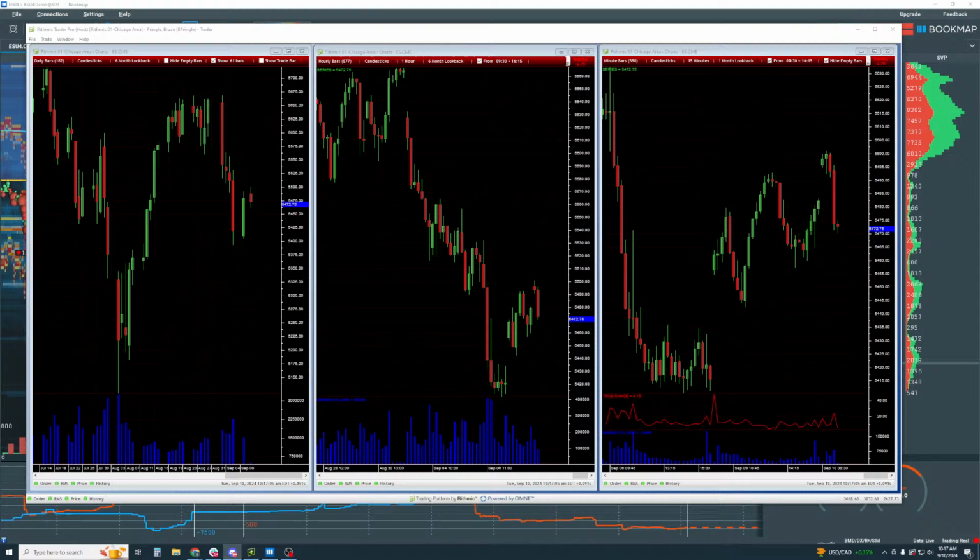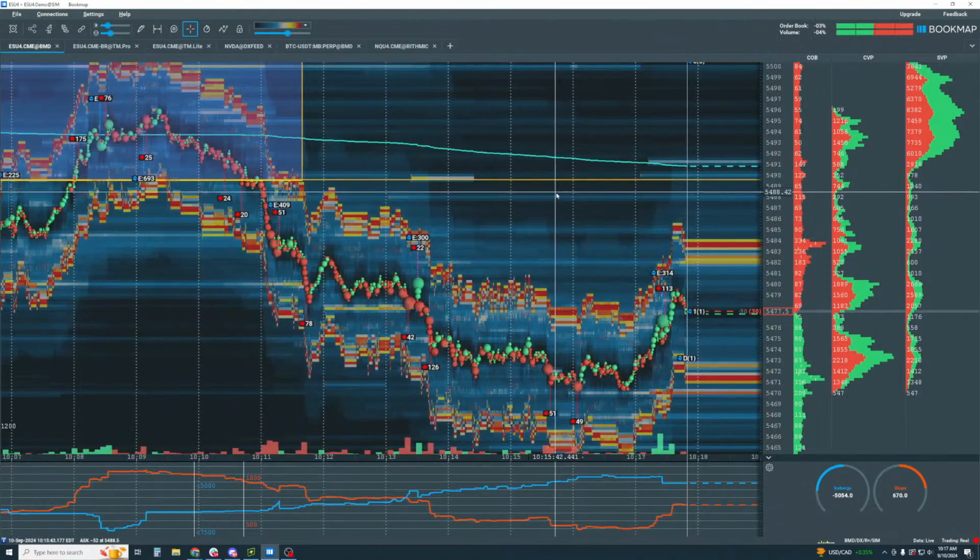The trading simulator only works on Global Plus. That is correct. Yeah, now I will double check that as we speak here. Okay.